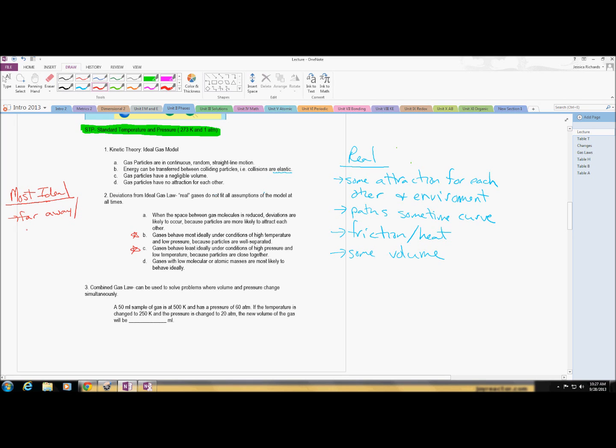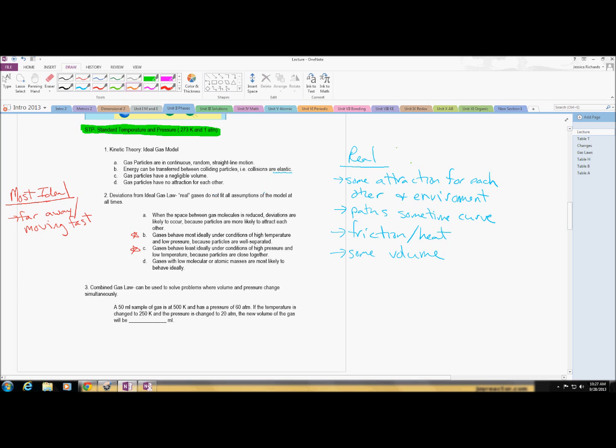Because if they're farther away and moving faster, there's less attraction, the collisions are more elastic, and there's more space in between the particles, so that means the individual particle's volume compared to the space they're taking up is lower, so we get closer to this negligible volume.